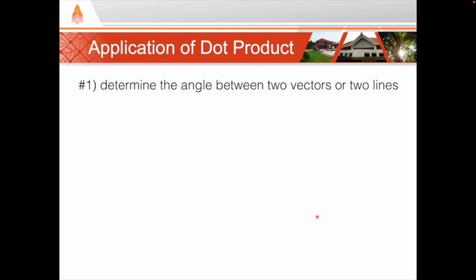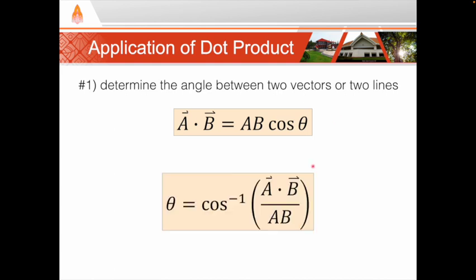Well, there are 2 applications. The first application is that we can use the dot product to find the angle between 2 vectors or 2 intersecting lines. If we solve this equation for theta, we can see that we can use the dot product to find the angle theta between the 2 vectors using this equation.